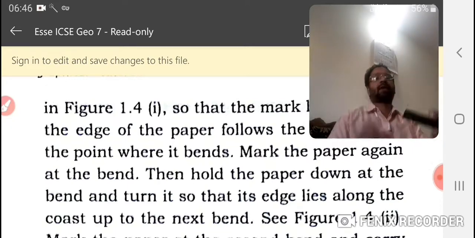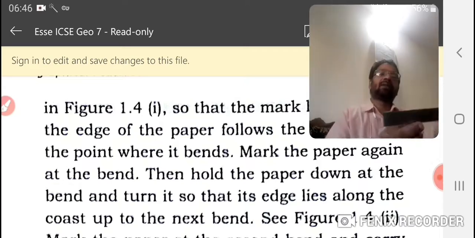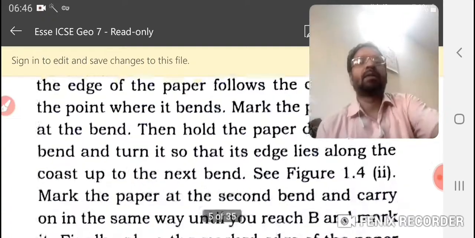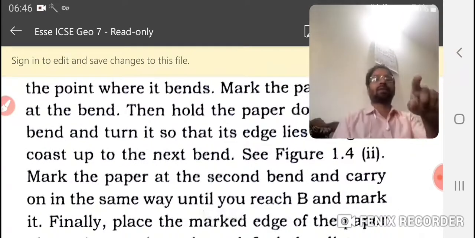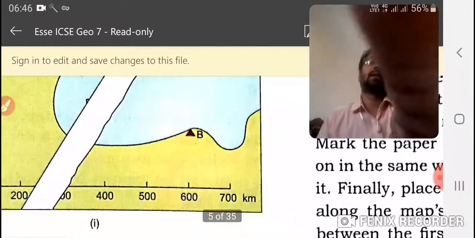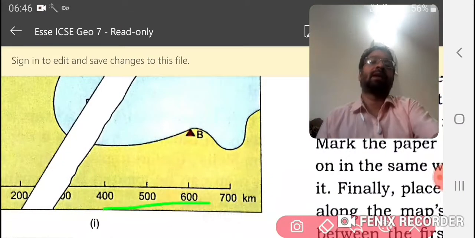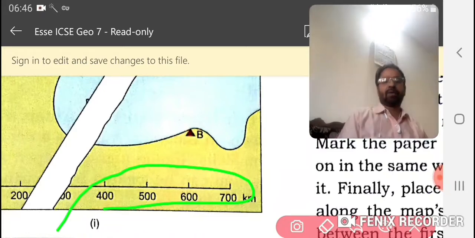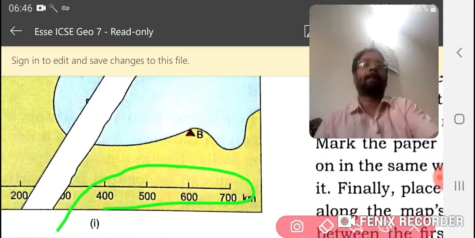First we have to find it. Then see how many centimeters are there. Then according to the scale which is given, just now I have showed you just below the figure, we have to calculate the distance. Okay.